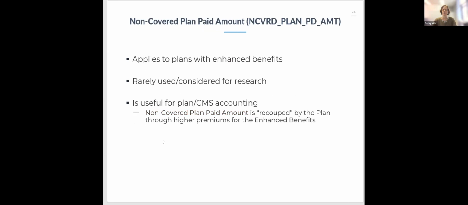These non-covered plan paid amounts are recouped by the plan through higher premiums for the enhanced benefits. I think I talked about that a few slides ago. There's an indicator variable that will show you which drugs were not officially covered drugs. Very small percentage.